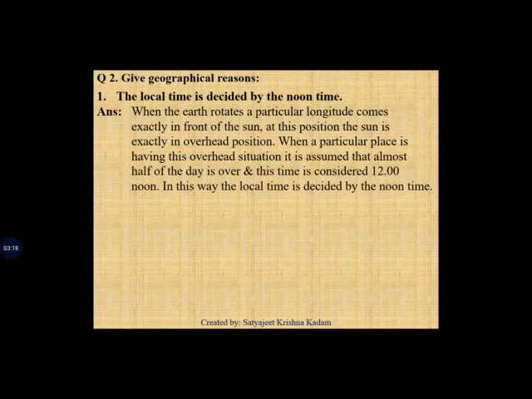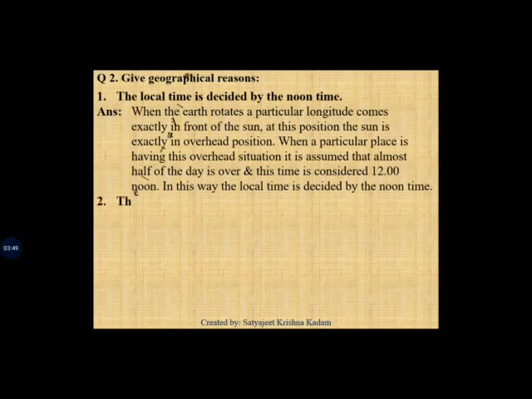At this position, the Sun is exactly in overhead position. When a particular place is having this overhead situation, it is assumed that almost half of the day is over and this time is considered 12 noon. In this way, the local time is decided by the noon time.